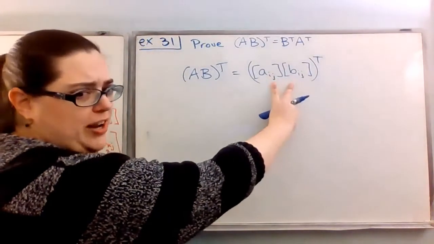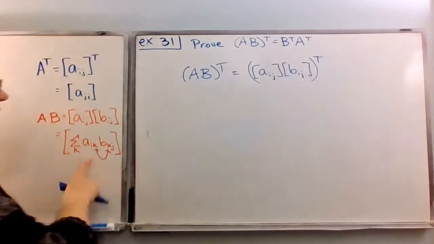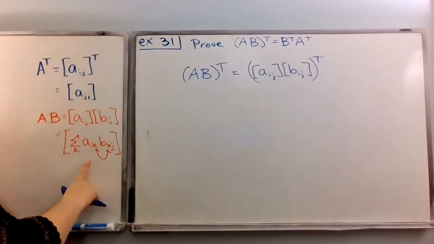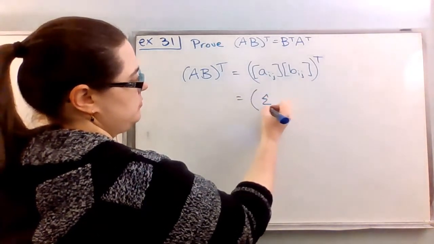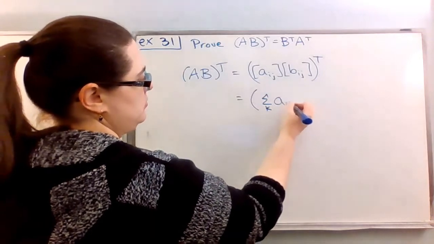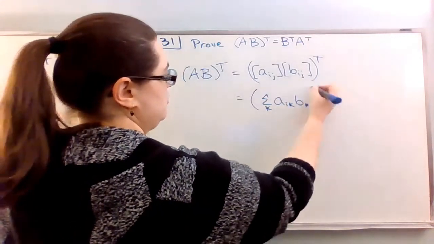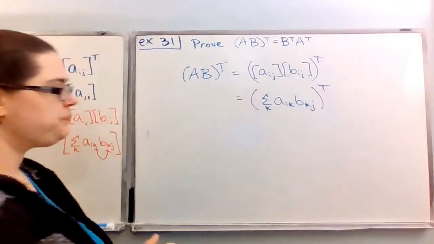And so this is a product, so I'm going to use my product notation over here. So this is going to be the sum of Aik Bkj, transposed.